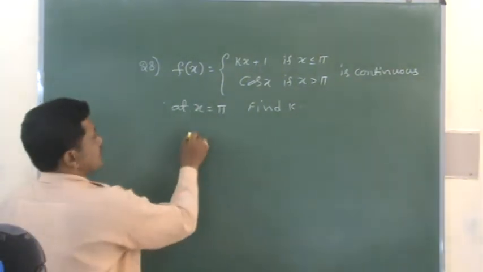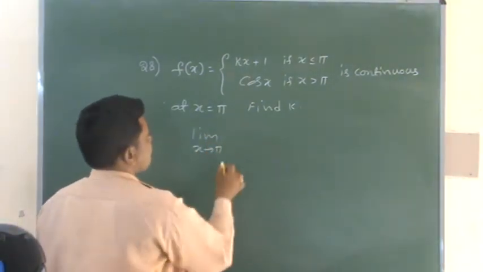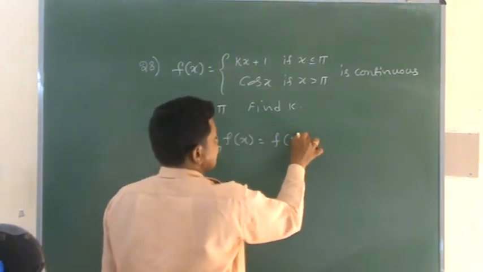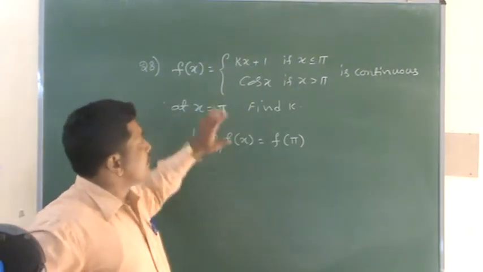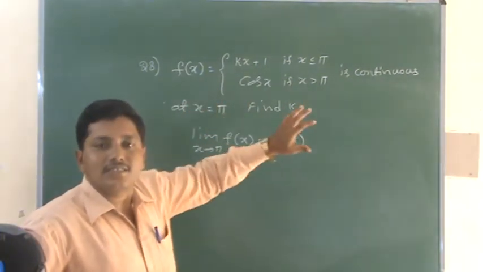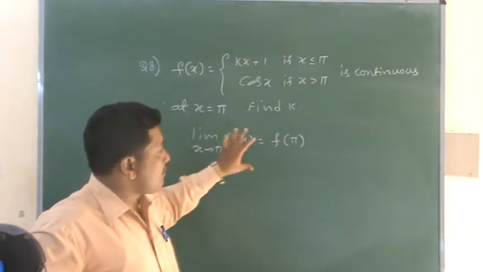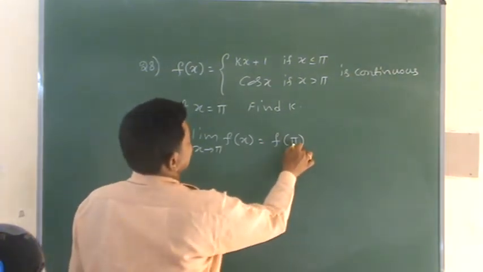So here limit x tends to pi of f of x is equal to f of pi. This is the meaning of continuous. Since the given function f of x is continuous at x is equal to pi, limit x tends to pi of f of x is equal to f of pi. Now what is f of pi?